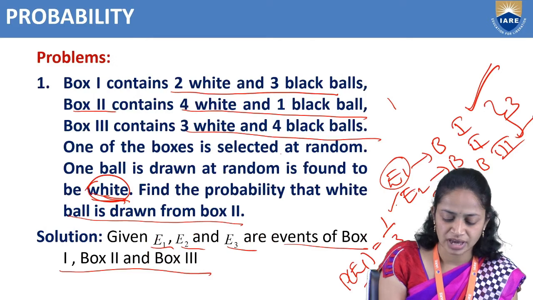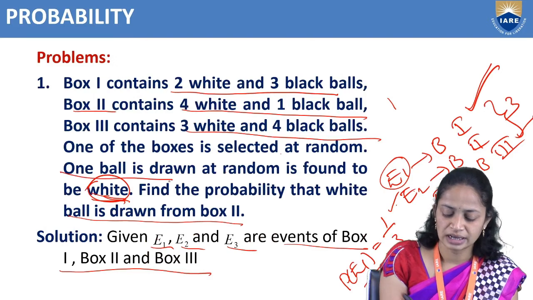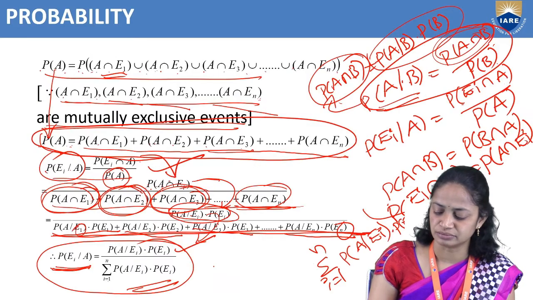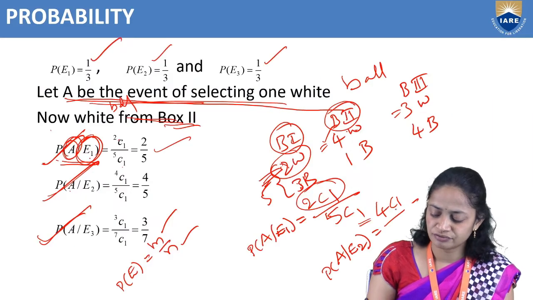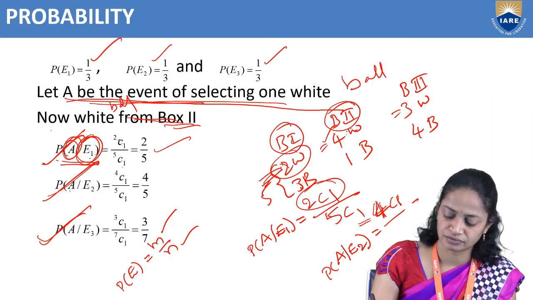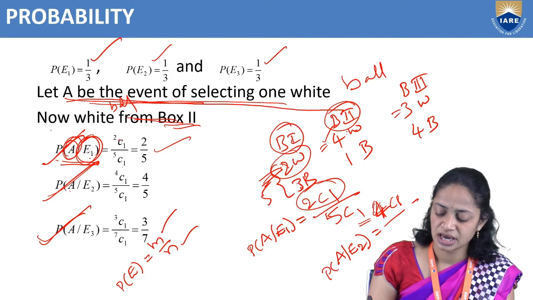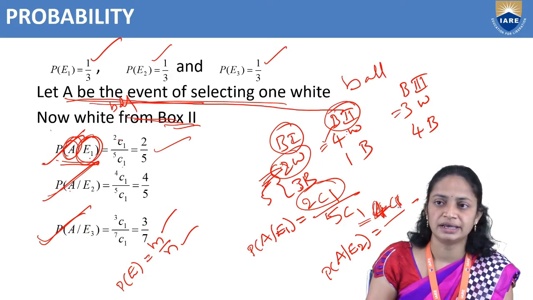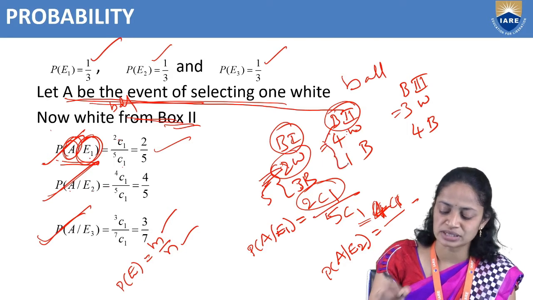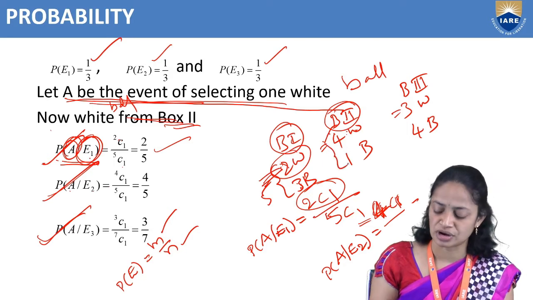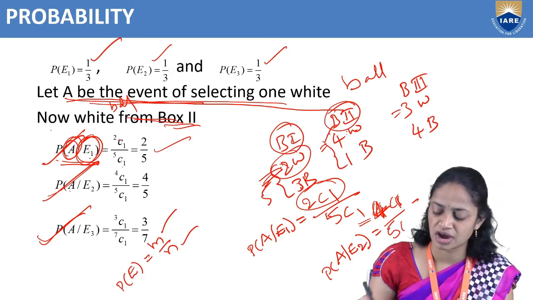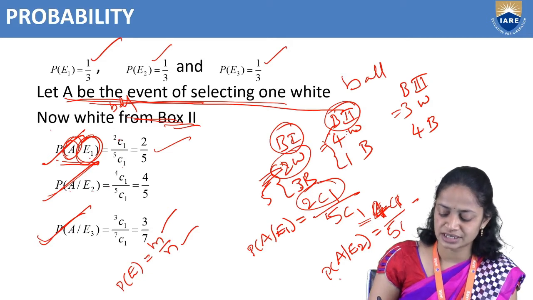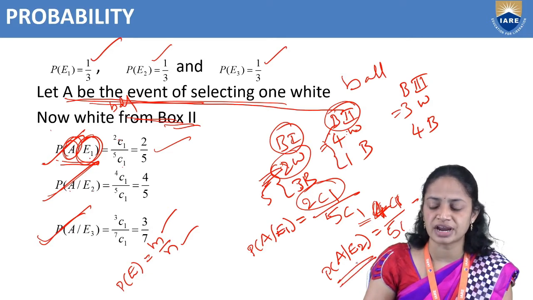We have total 5 balls, so from 5 balls we have to choose 1 ball. So that's why probability of A given E2.